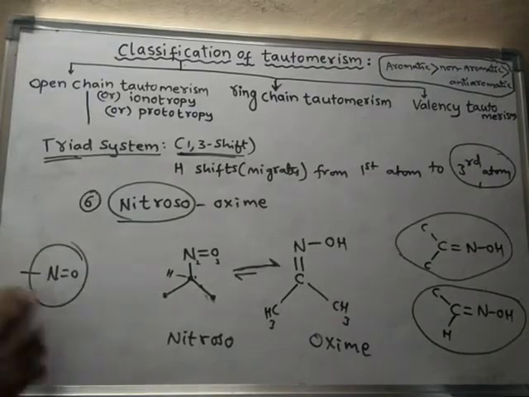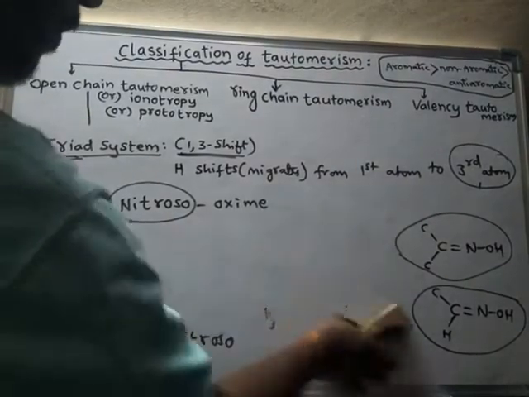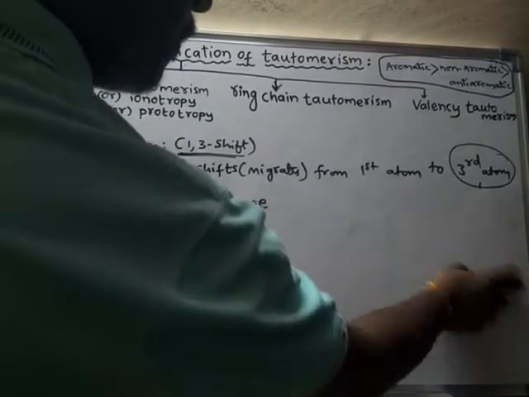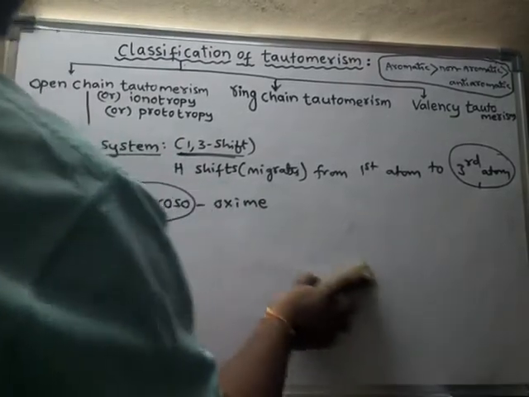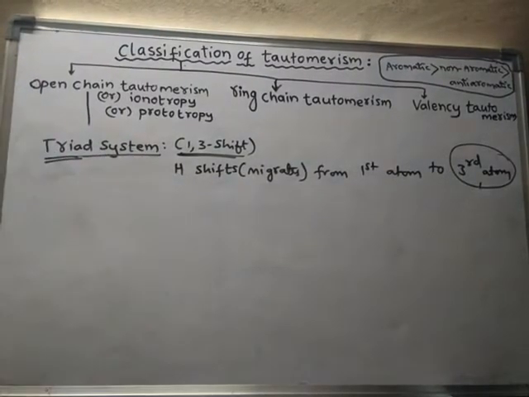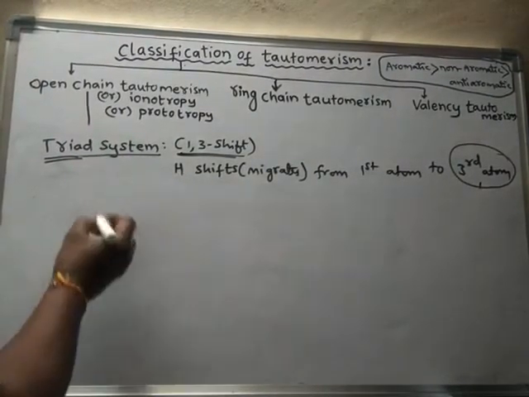Okay, right. The next type of triad system, the next type of 1,3 shift tautomerism. Example: cyanide, ketimine.